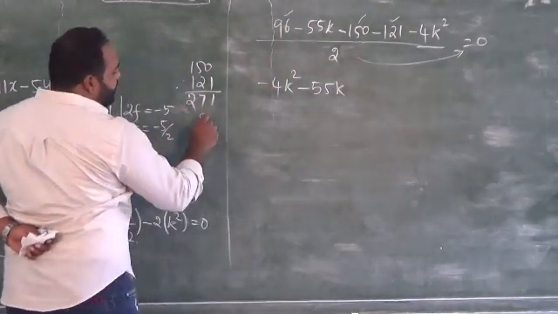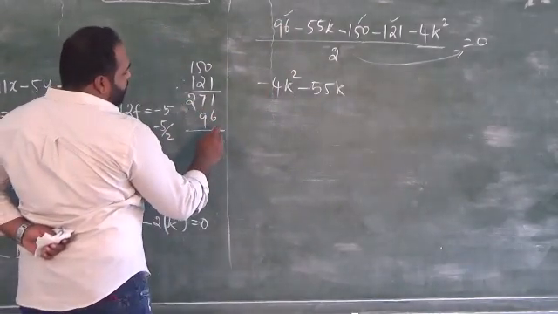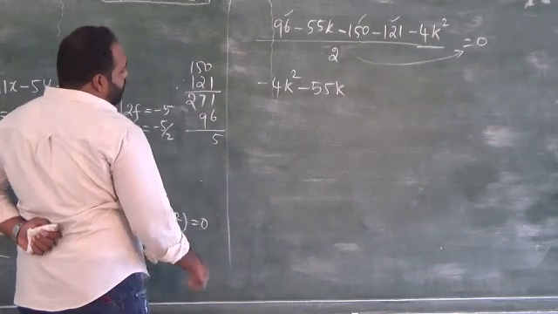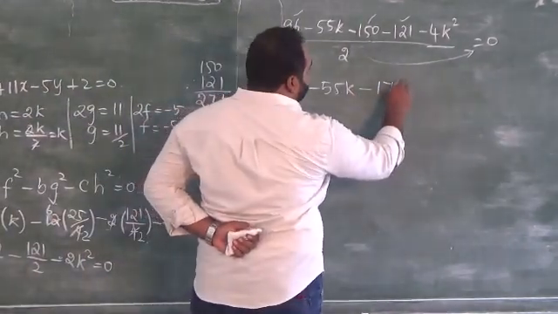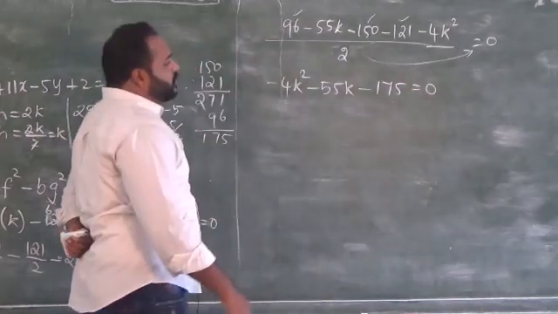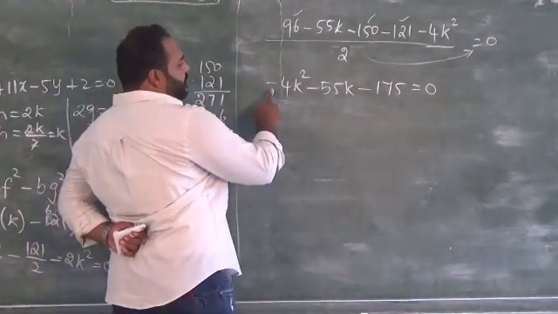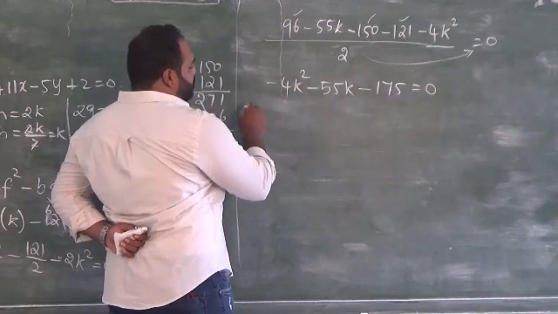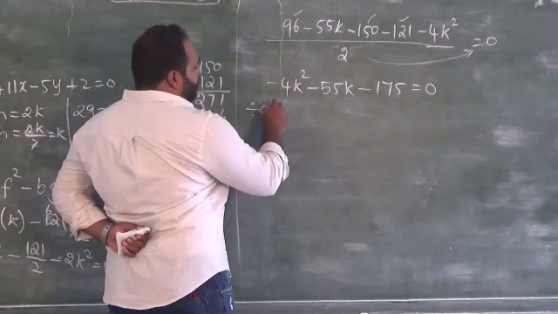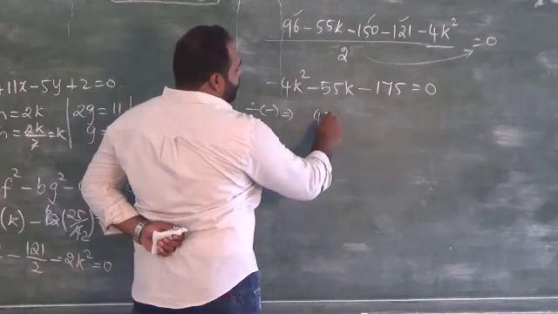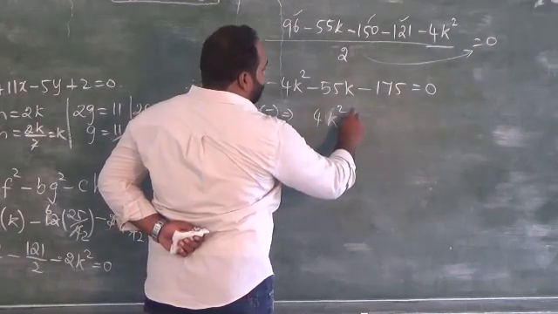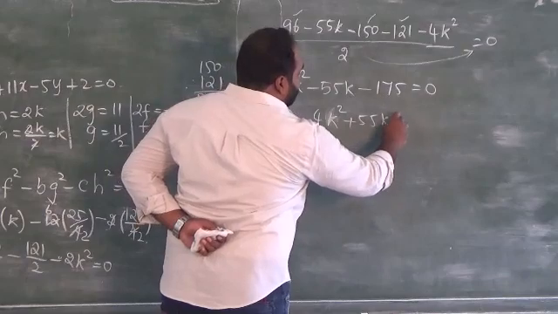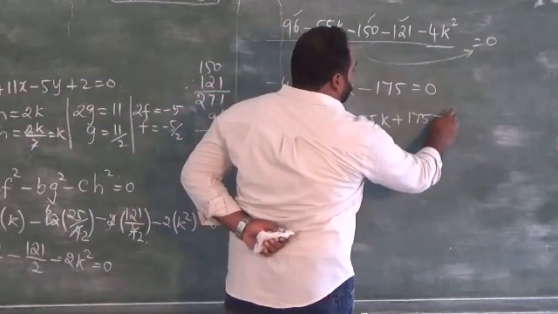So we have minus 4k square minus 55k minus 175 equal to 0. Here we have a negative sign, so dividing by minus throughout the equation, I get 4k square plus 55k plus 175 equal to 0.